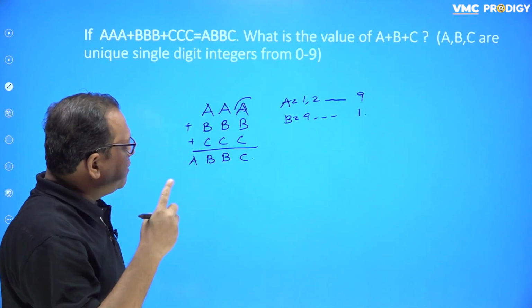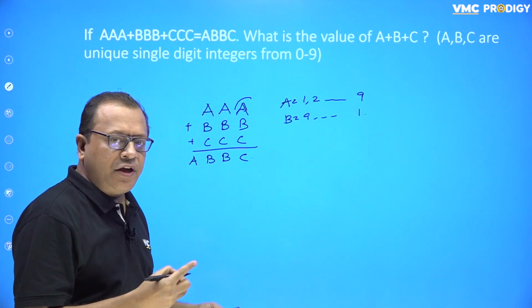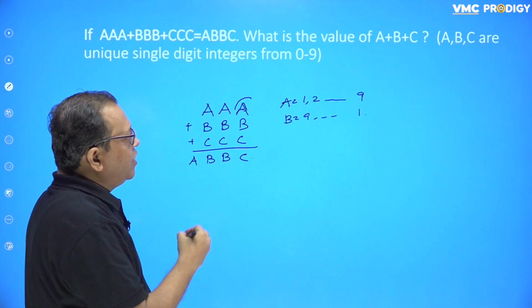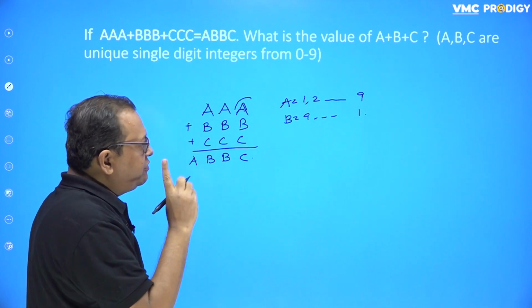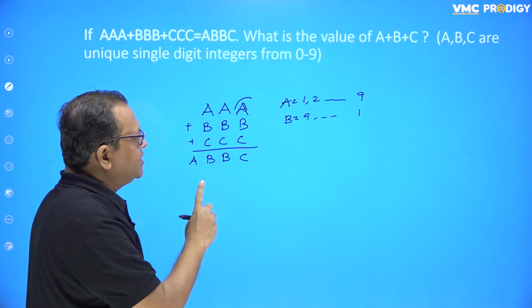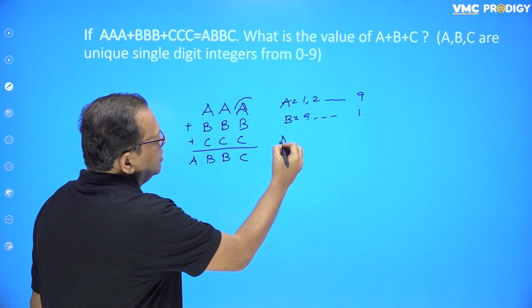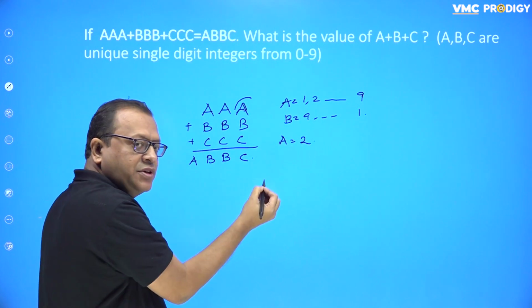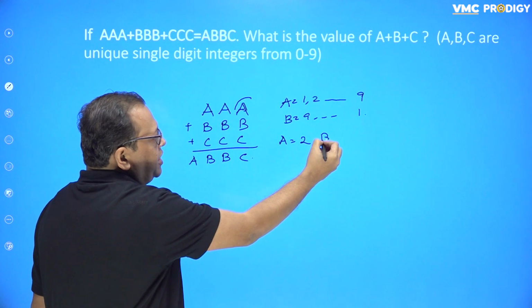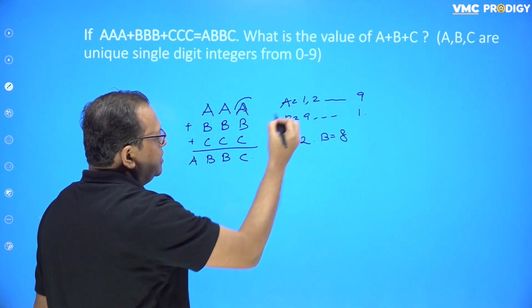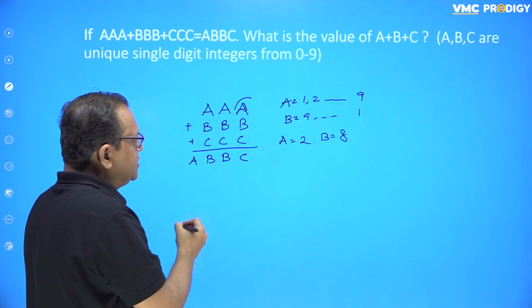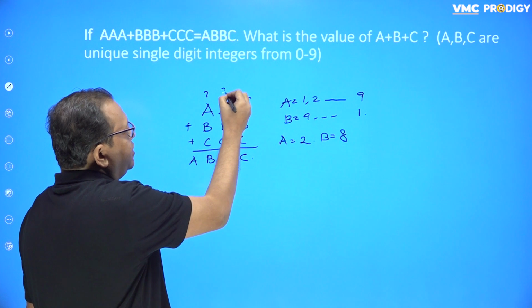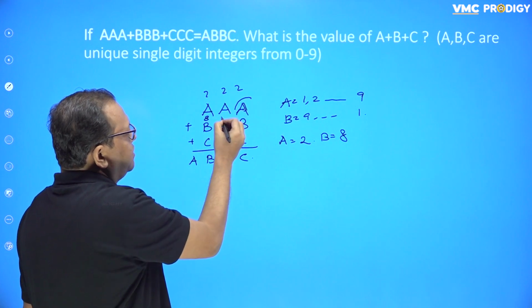Now let's apply your mind to what can be the values of A and B. Imagine that the value of A is 2. Then the B value must be 8, which means this number is 222 and this value is 888.